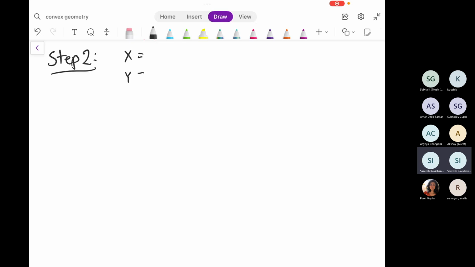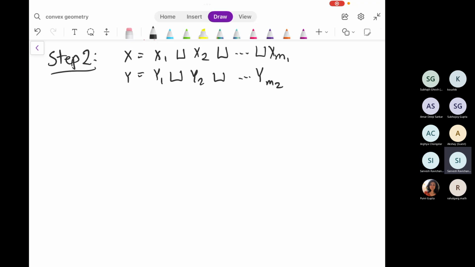You write X as X1 cup X2 up to XM1, and Y as Y1 cup Y2 up to YM2, where the Xi's are SCPs with disjoint interiors.